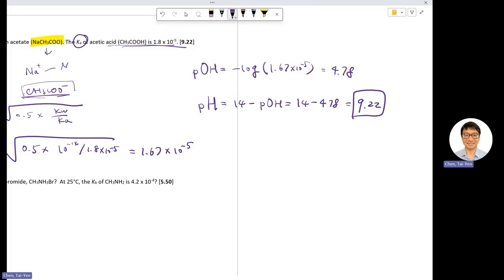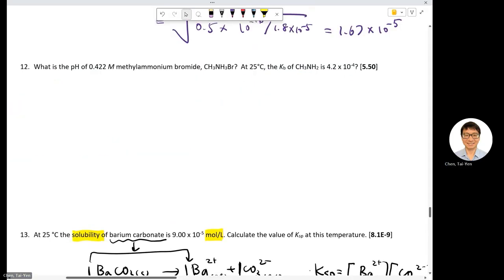You first compute the OH- concentration using the weak base equation, then calculate your pOH, then the pH. It's very similar. So what is the pH of this solution? Ammonium bromide.